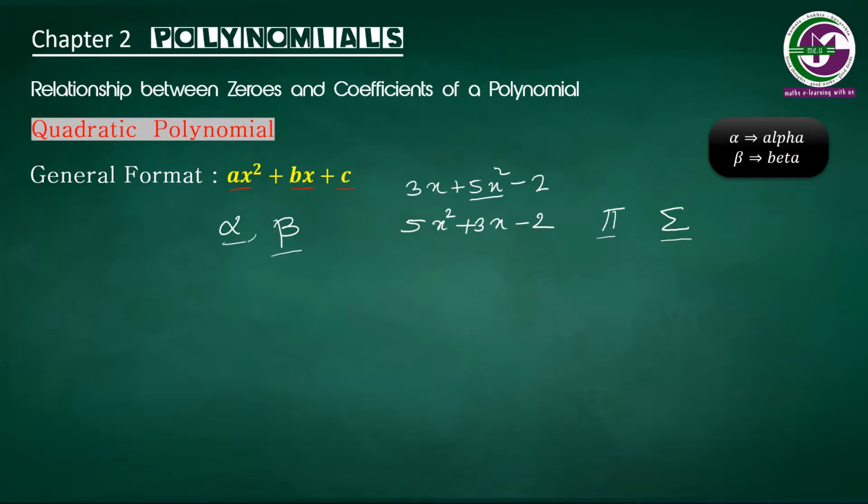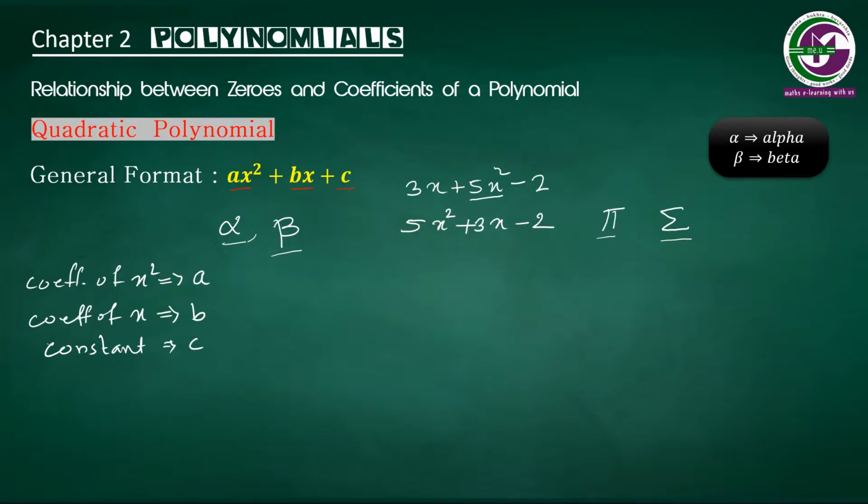The relationship between the zeros and the coefficients of the quadratic polynomial. Here we know that the coefficient of x square is a, and the coefficient of x is b, and the constant term is c.